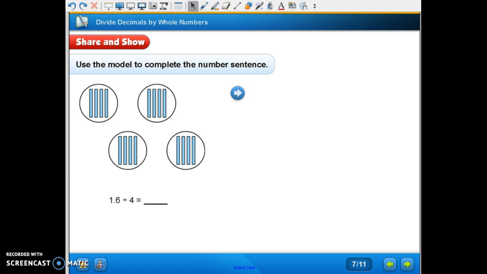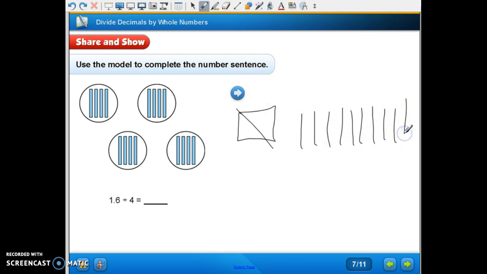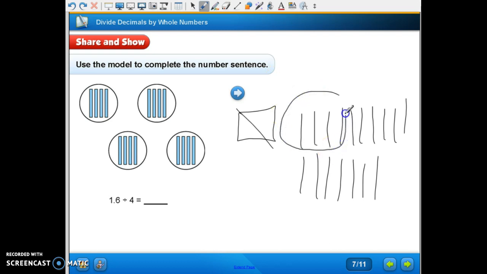Okay? So if I had that ones block and I made it into 10 tenths, and I had 6 tenths from my 1 6/10, I could group these into groups of 4.